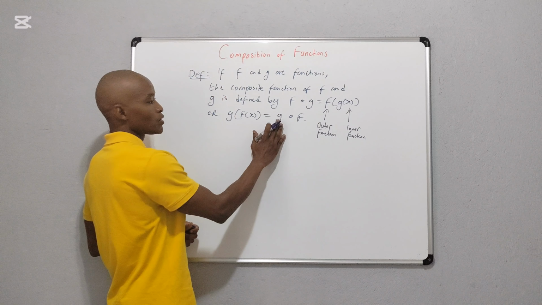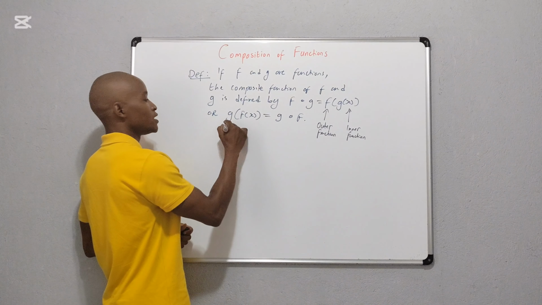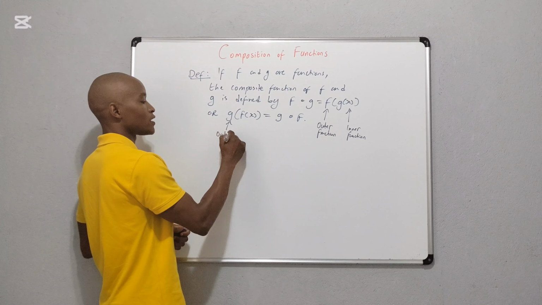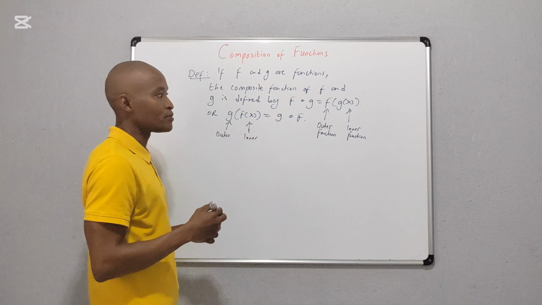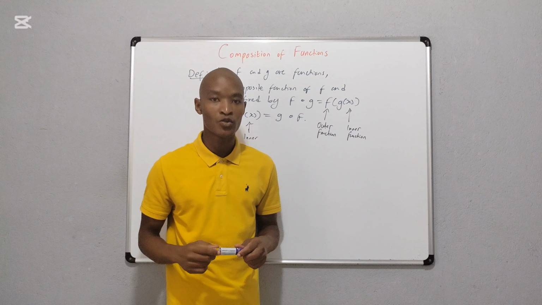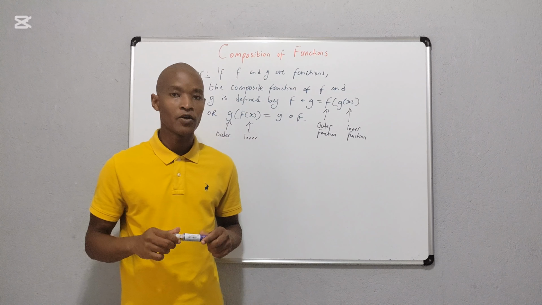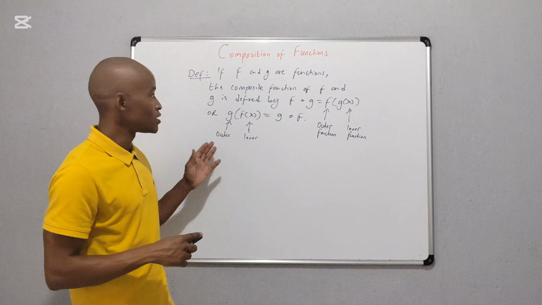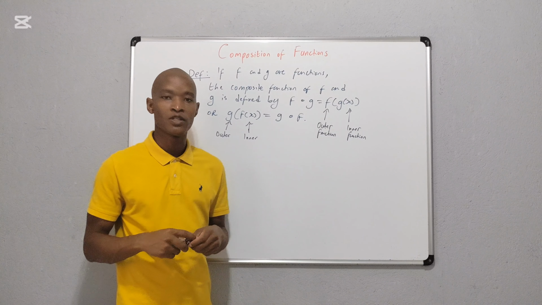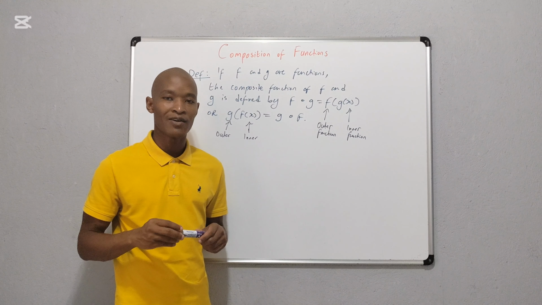Here, when you deal with g composite f, g is the outer function and f is the inner function. This may very well remind you of the chain rule, and actually at the end of this video there will be an end screen button that you can click on so that you link this presentation to the chain rule and see how they are connected.